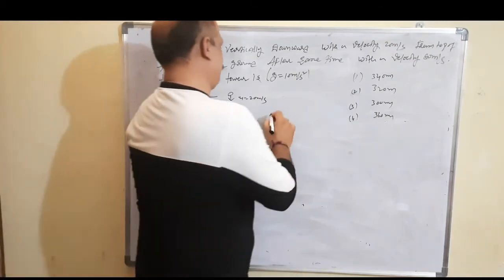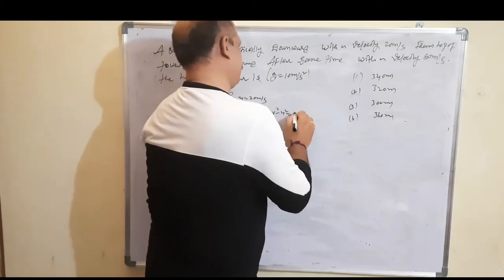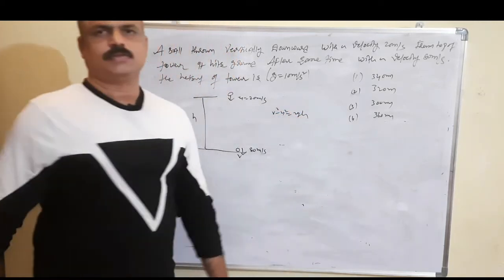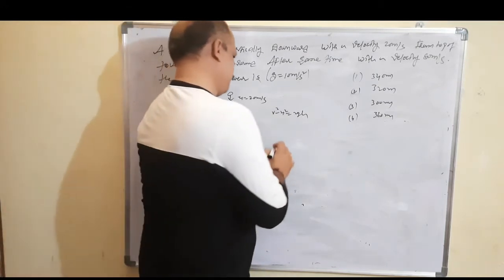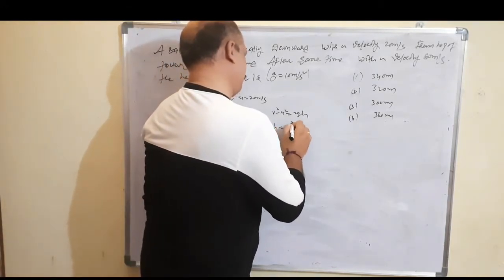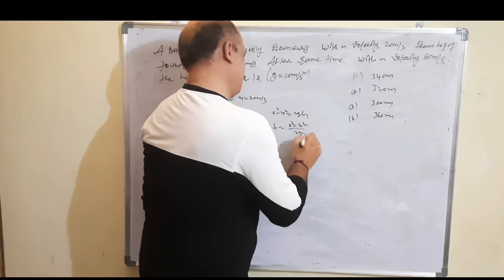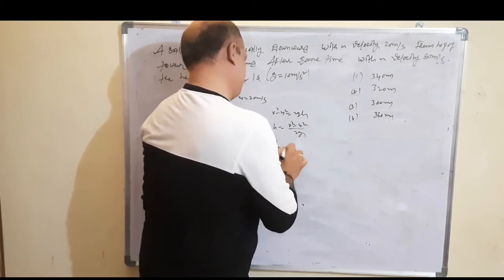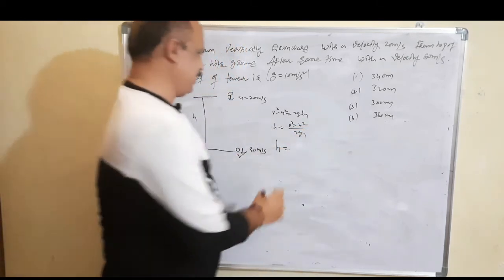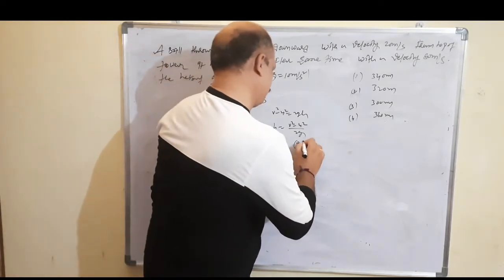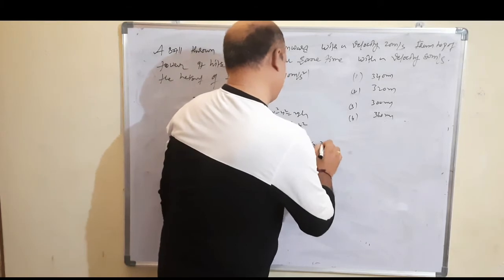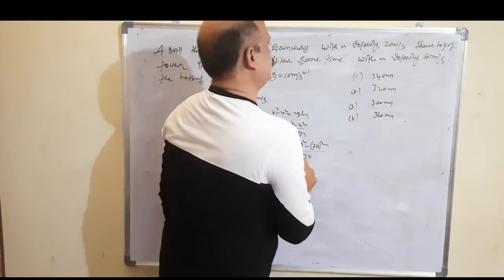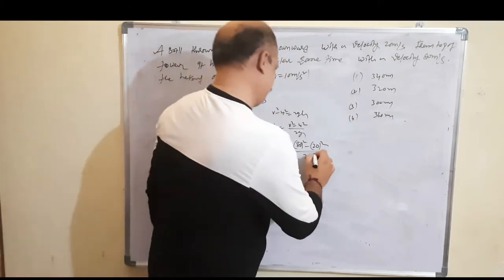So we know the formula v square minus u square is equal to 2gh. So here h is equal to v square minus u square by 2g. So h is equal to 80 whole square minus 20 whole square divided by 2 into g value. The g value here is 10.